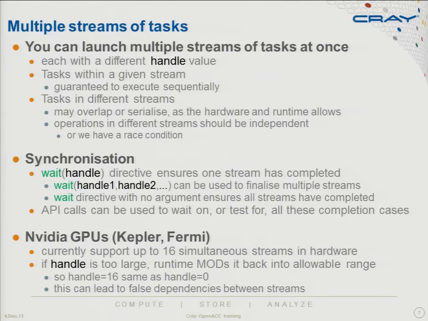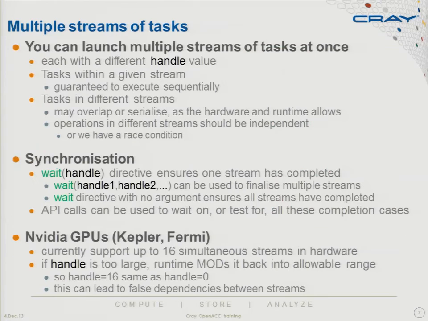Stream 1 and stream 2 could be mixed in any combinations. Tasks within stream 1 will remain in order. Tasks within stream 2 will remain in order. But how tasks from different streams get scheduled on the GPU, it's up to the runtime. You don't have to worry about it. There's nothing you can do, so don't worry about it.